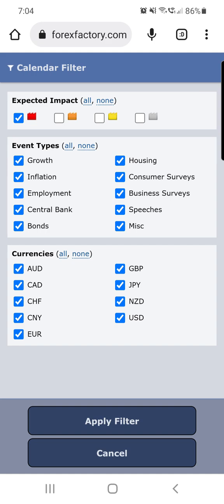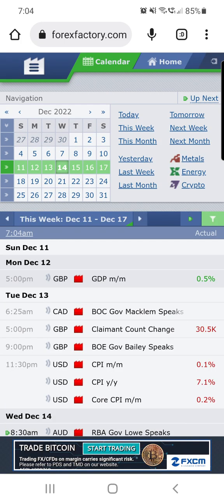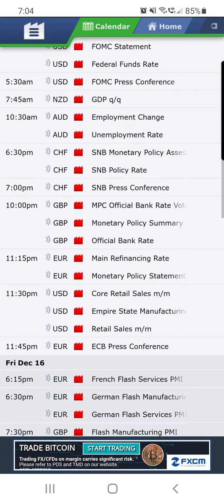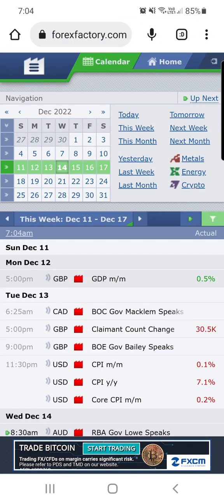Get rid of them. That's how I'm going to leave mine, but you can filter out certain different currencies as well. If there's some there that you really don't trade, but I'm happy just to leave them all so I know. And click apply filter. Now we only get shown the red folder events, so that's fine.